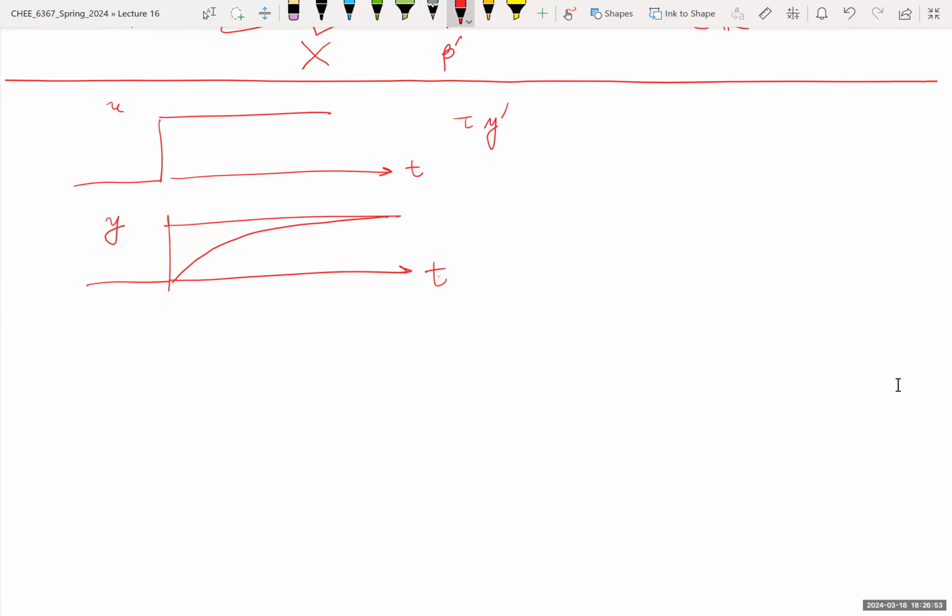So if we have tau y prime of t plus y of t is k u of t, our famous first order system, extremely simple, well, this is the response. We never measure the response exactly. There are points that we take. So we have to draw the red line by taking these measurements and find the best values for this. The best values are tau. Okay.